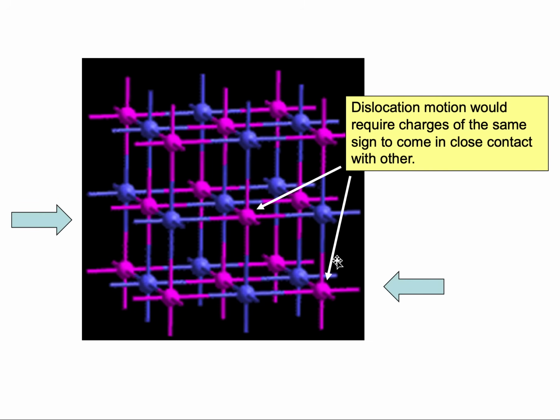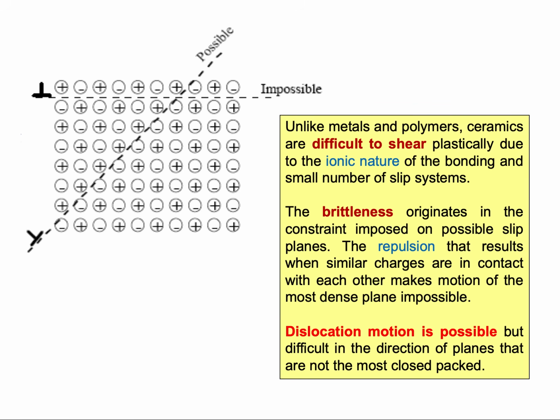If this is a ceramic and you have the purple as positive and the blue as negative, if you push this way and that way, slipping will happen, which means that the positive will be with the positive, and that's going to create repulsion. That's not a good way to have movement, and dislocations will not move. That's why ceramics are brittle, because they do not allow for plastic deformation or slipping.